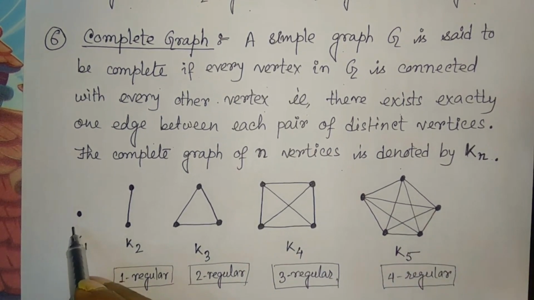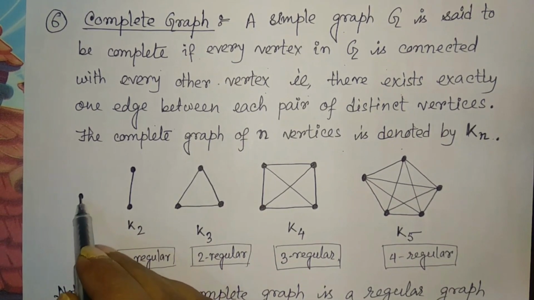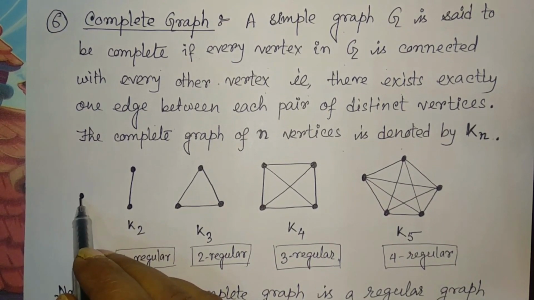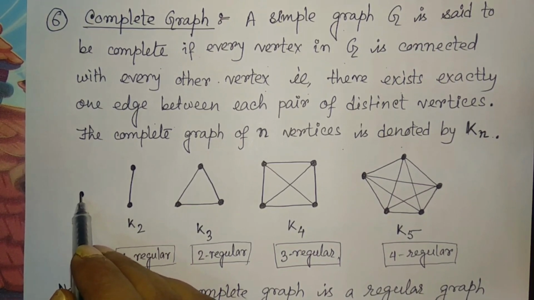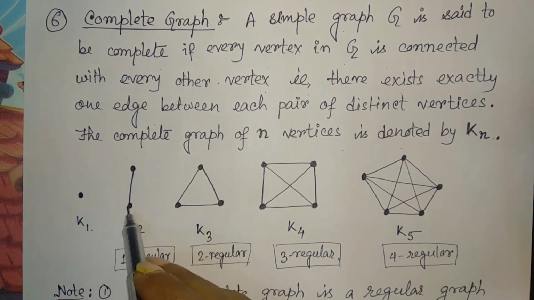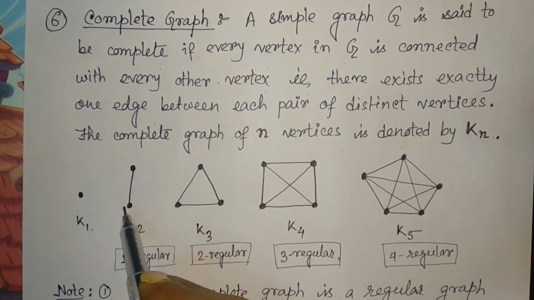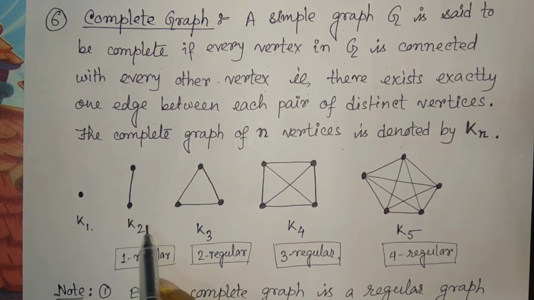If we have only one vertex, then there is no edge connectivity. So this one is a complete graph where the degree of this vertex is 0, and this is denoted by K1. Now if we have 2 vertices, then between the 2 vertices we can draw only one edge. So this is a complete graph. This is called K2.